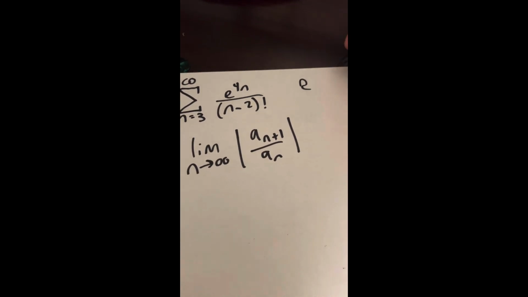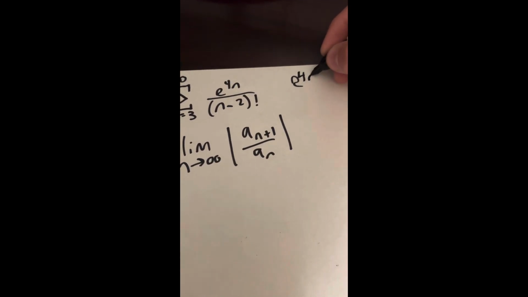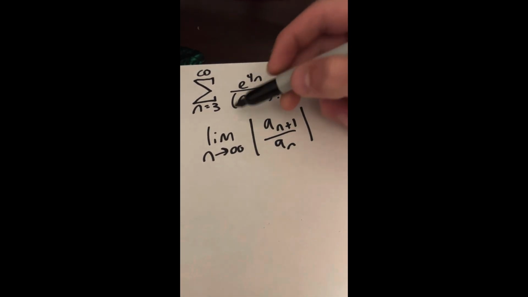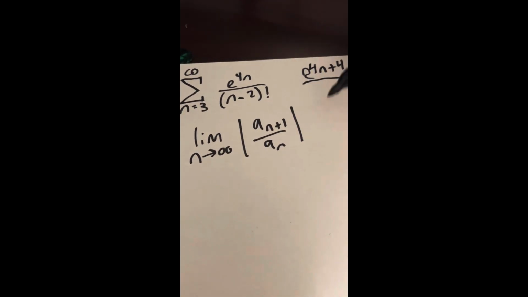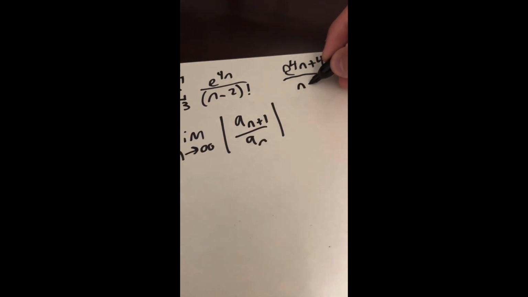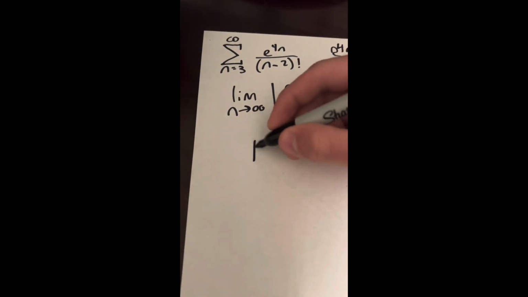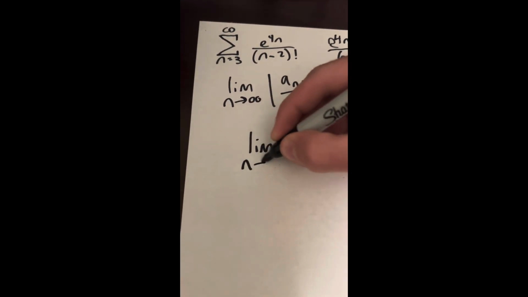It's 4n plus 4. And then this, n plus 1, now is n minus 1 factorial. So that's a sub n plus 1, this is a sub n, so what we can do is take the limit as n goes to infinity.